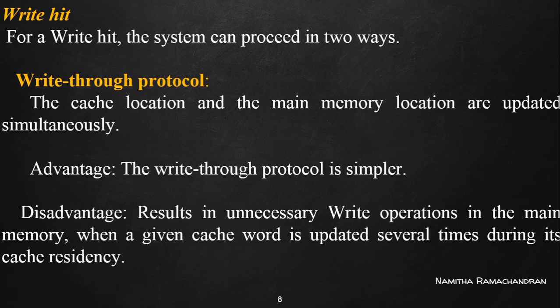If the condition occurs, that is, we are going to update that same memory word again and again, then in each case the processor needs to update both the cache copy and the main memory copy, which will result in unnecessary write operations in the main memory. So this is the disadvantage of this write through approach of write hit operation.